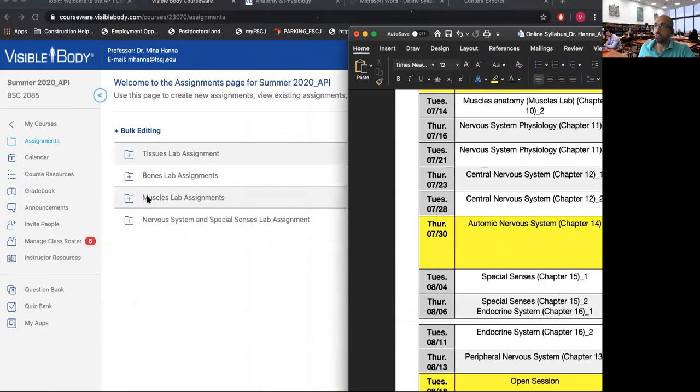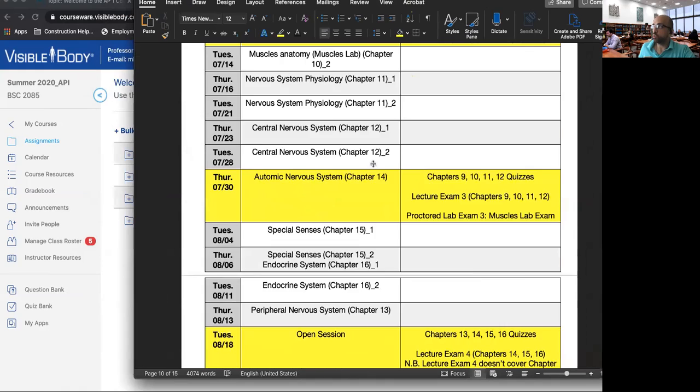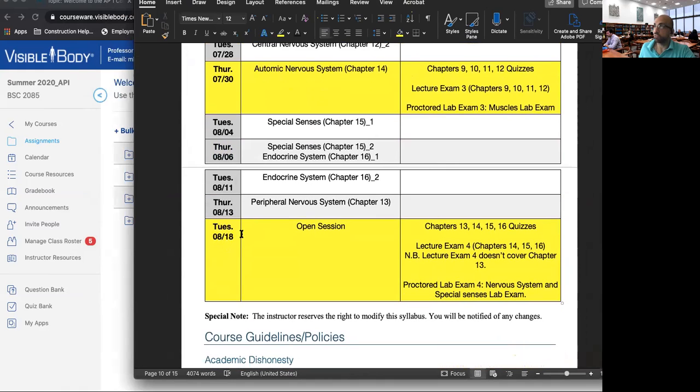And the last lab assignment, which covers the nervous system and special senses, is going to be due on our very last day of the semester, August 18th, along with the Proctored lab exam 4 that covers the same topics, the nervous system and special senses.